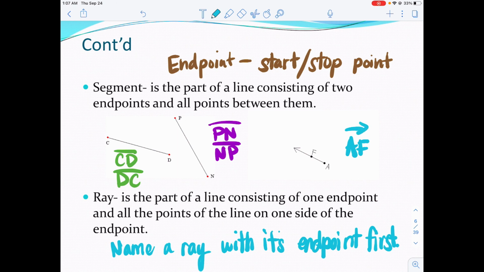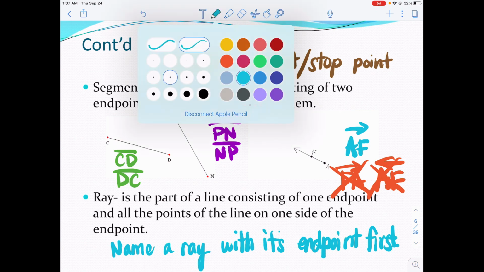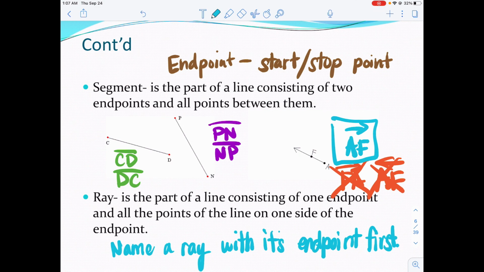The arrow must always go to the right, just like I have it here. Always go to the right. You cannot name this ray FA. Nope, that's not an option. And you cannot name this ray AF with the arrow going in the opposite direction. Nope, not an option. The only possible option here is ray AF.